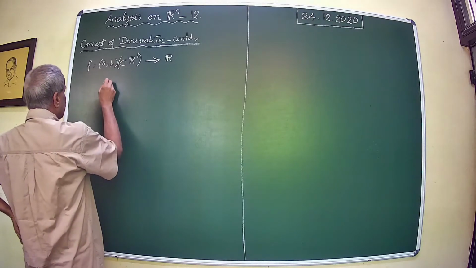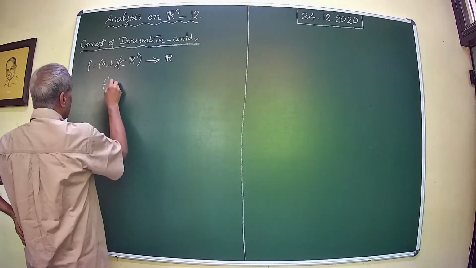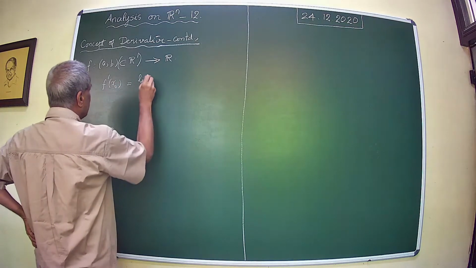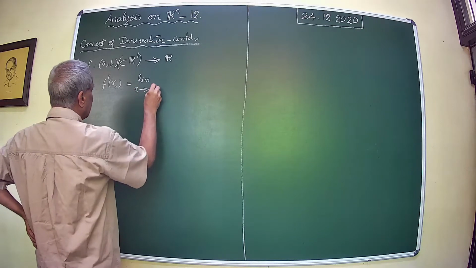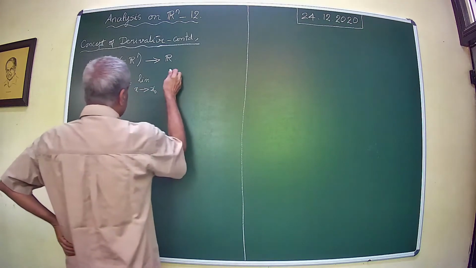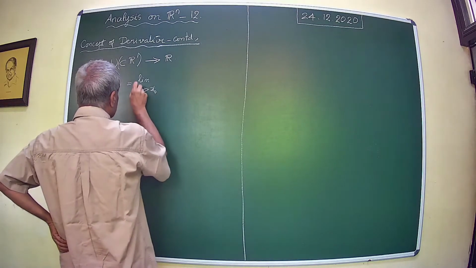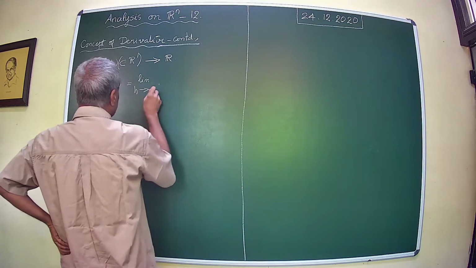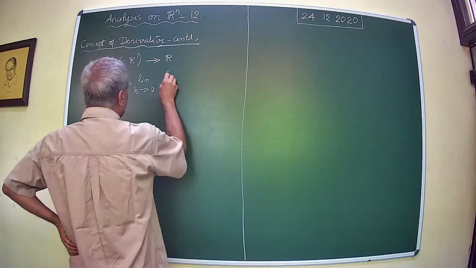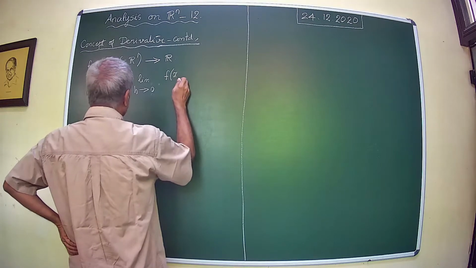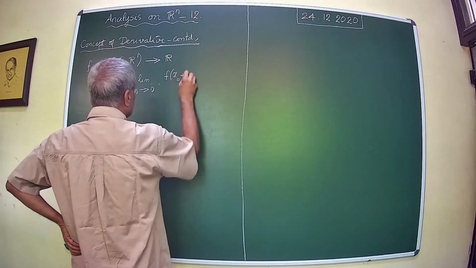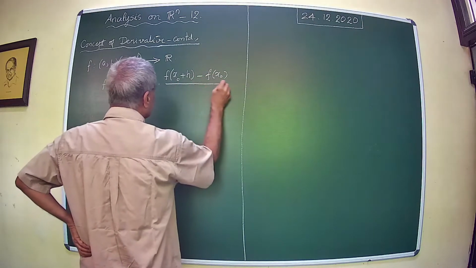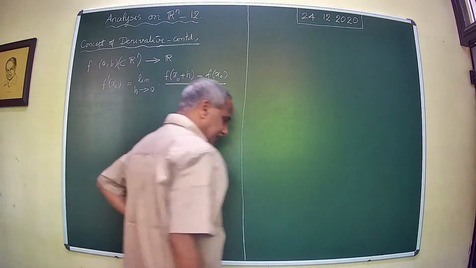Then we defined f derivative at x naught equal to the limit, h tending to 0, of f of x naught plus h minus f of x naught divided by h.